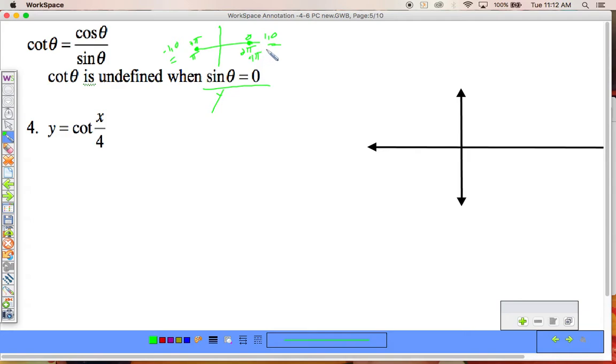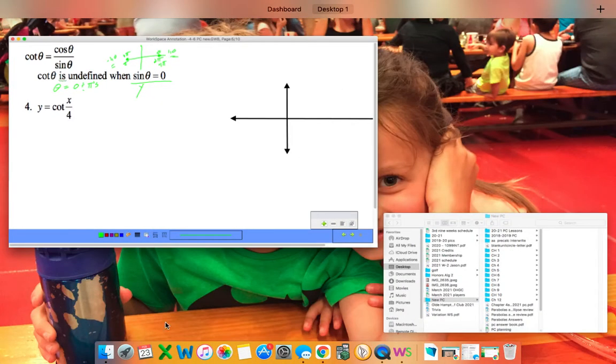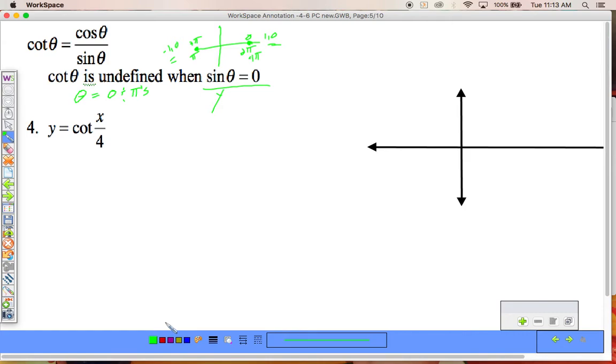So we're going to say that the cotangent is undefined when theta equals 0 and all of your pi's. So we're going to say when theta equals your zeros and your pi's. So for this one, my period length is pi divided by b, which is 1/4, which means 4 pi. So in between my asymptotes, I'm going to have the distance 4 pi.